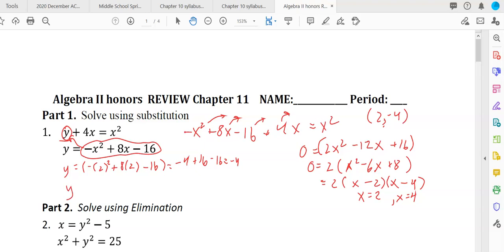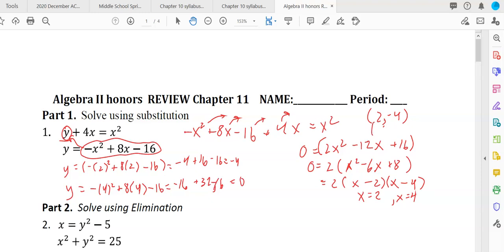And plug in 4 there, so everywhere there's an x, I'm going to plug in a 4, so 4 squared plus 8 times 4 minus 16 is negative 16 plus 32, this is interesting, minus 16 equals 0.